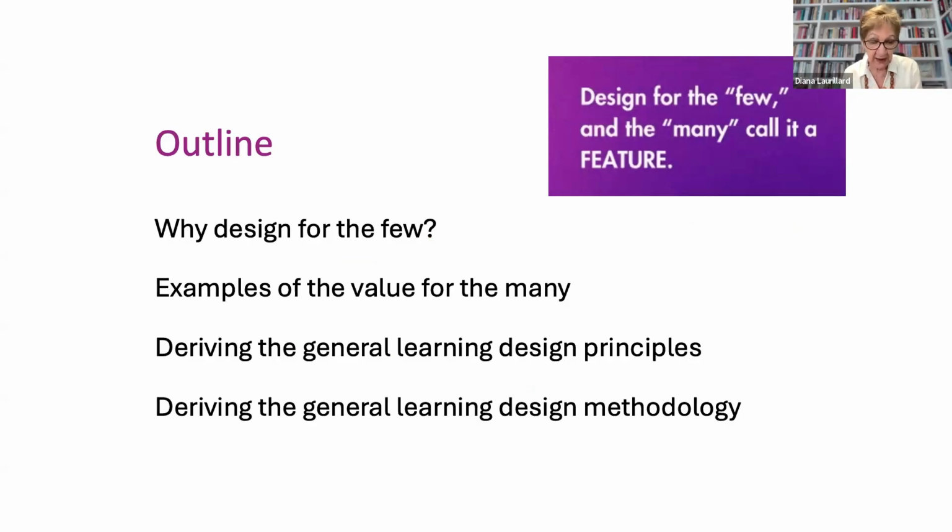So you're focusing on a particular group, might be quite a small group, but the changes you make for them and the ideas and innovations that you develop for them can also be, well, as the quote says, what most people call a feature, and it benefits them as well. And what I want to try and do in the process of doing this is derive the general learning design principles that we might frame from this, and therefore deriving the general learning design methodology from that.